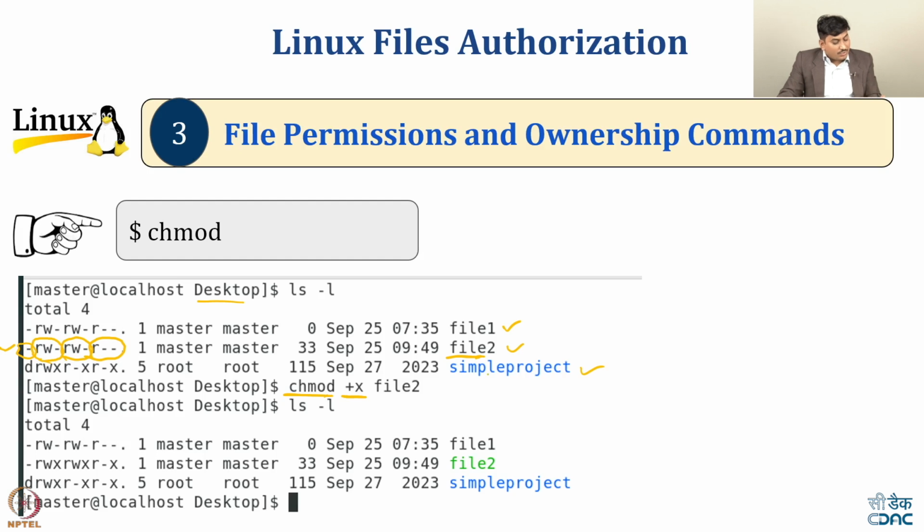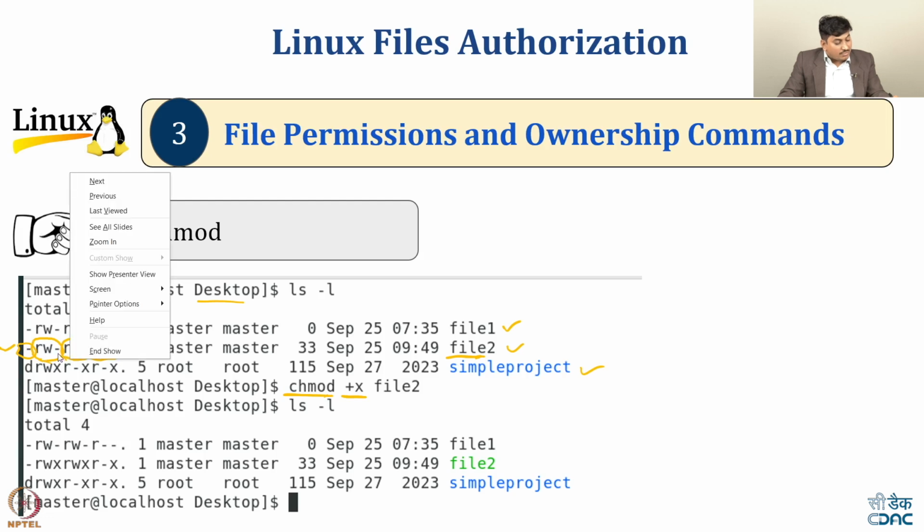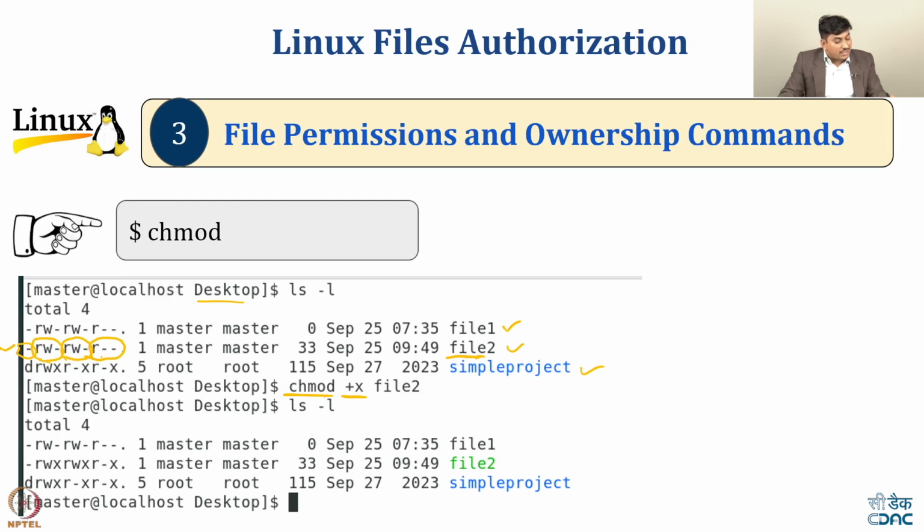Here we can see that this particular file has read write permission for the owners, as well as read write permission for the group, as well as read permission for the others. It doesn't have the write permission for the groups.